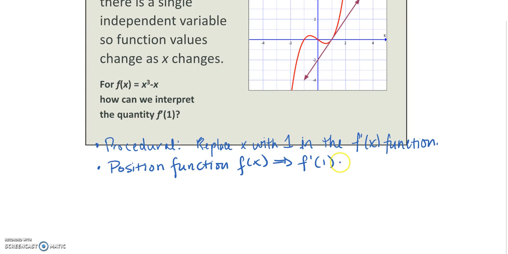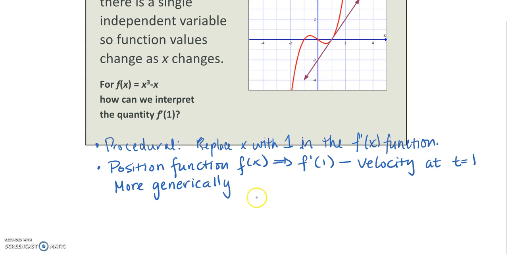That would mean this is the velocity at t equals 1. More generically, I could say that f prime at 1 is the rate of change at x equals 1.